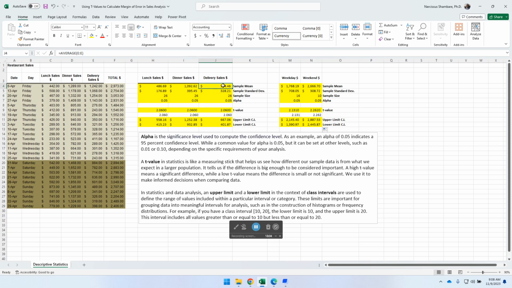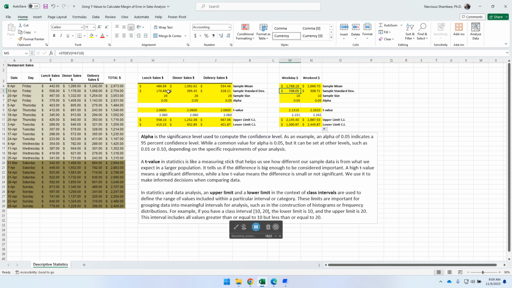So once again, you're able to interpret this for every category, and we can also go to the weekend. Here we can see that weekdays are the most difficult to estimate because the gap is at its widest, right? And the easiest one, the more reliable estimate, can be found with the lunch sales, because it's the smallest, while this is the largest.